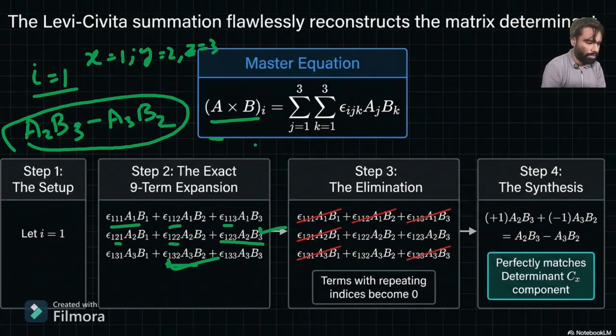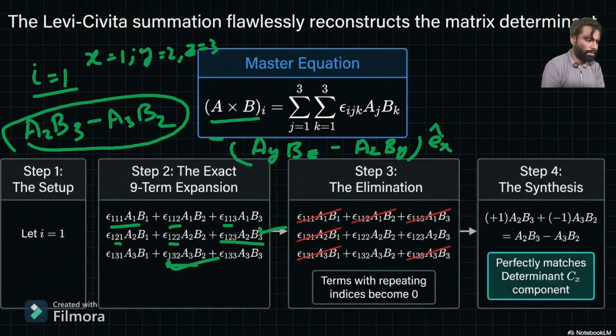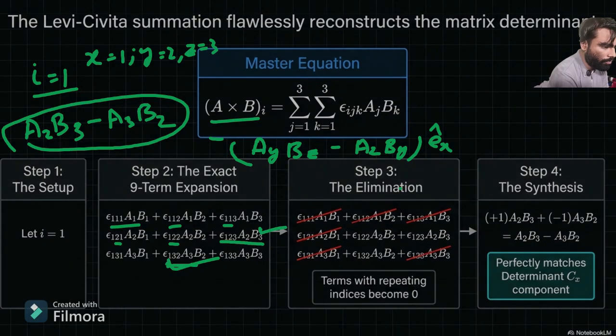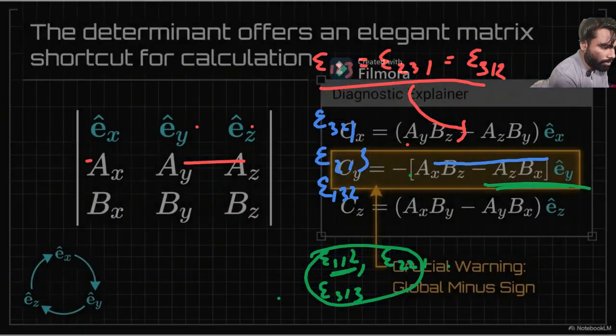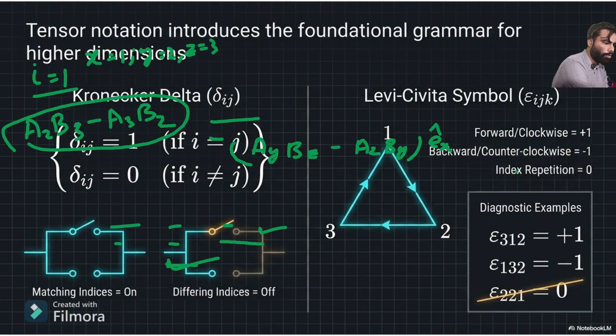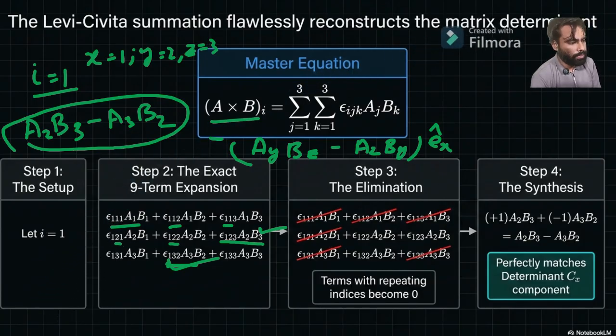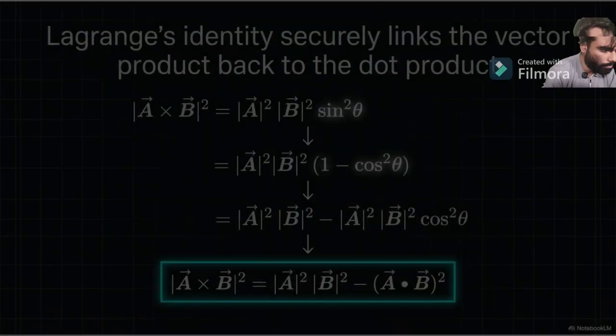Actually what you have done is ay bz minus az by, times ex. So originally the product gives ay bz minus az by, and this gives you the result of the product in quite an easy form, not that complex.